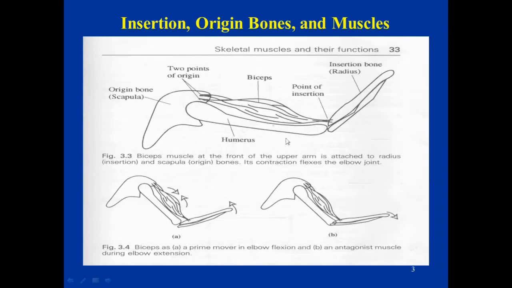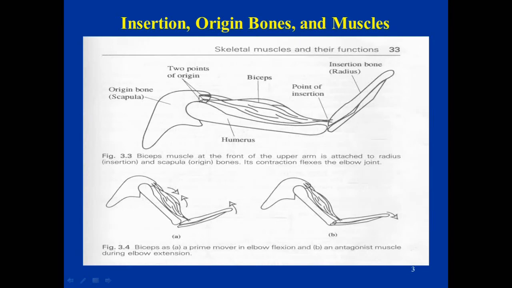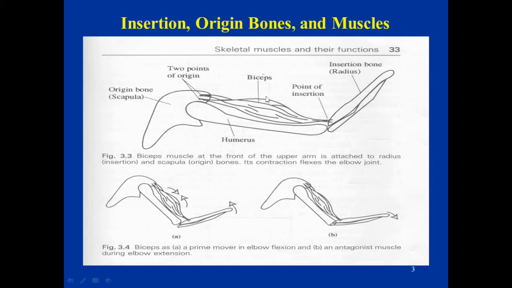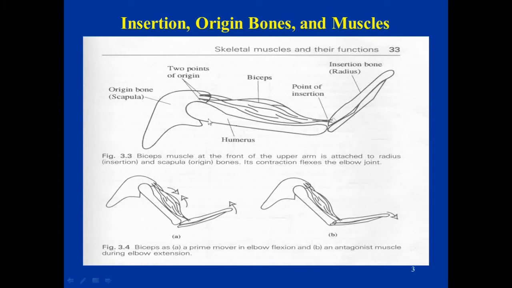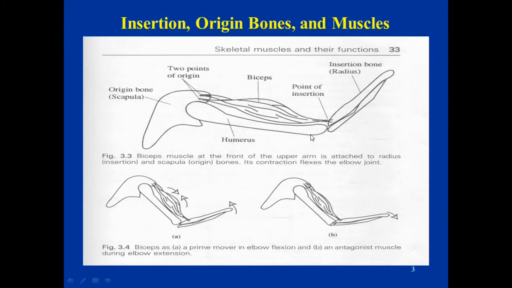As we can see from this figure, where we have our points of origin, this is a muscle attaching to a bone, in this case the biceps. We have the insertion point here to the radius, the humerus being the long bone right here, and the scapula being the attachment surface for the biceps.